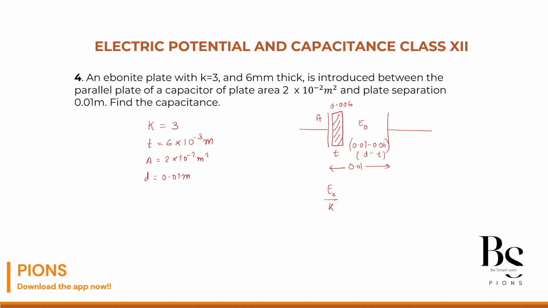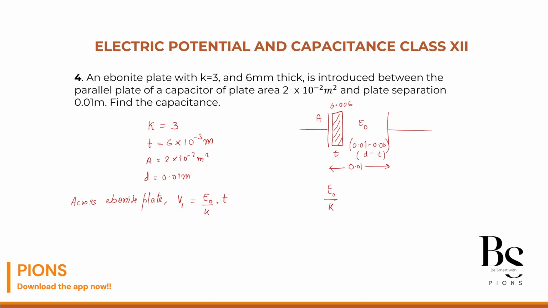So across the ebonite plate, voltage V1 will be equal to how much? Electric field E naught upon K into thickness T, right? Electric field into distance is our voltage.